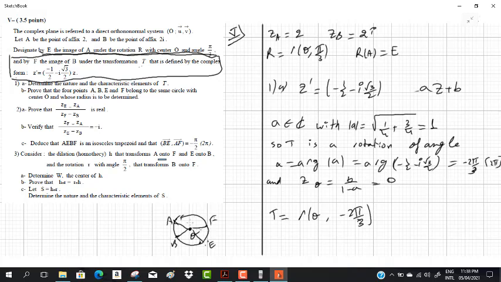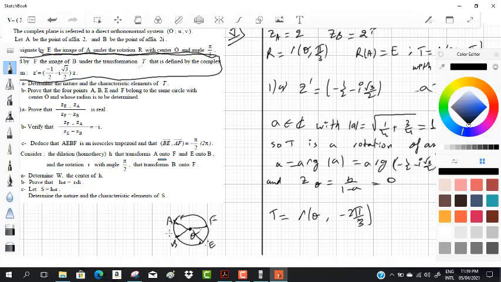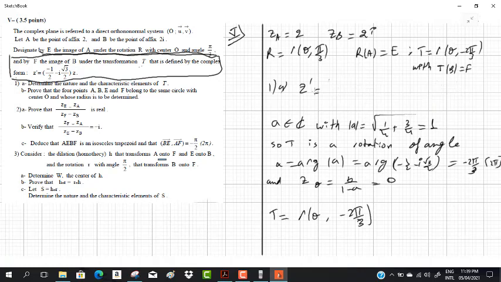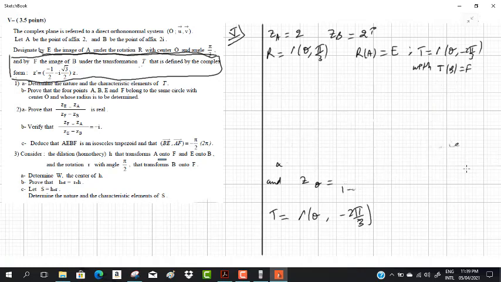They are all equal, so they belong to the same circle of center O. Here I will write the given: T is a rotation of center O and angle minus 2 pi over 3 with T of B equal F. This I will leave as the second method.